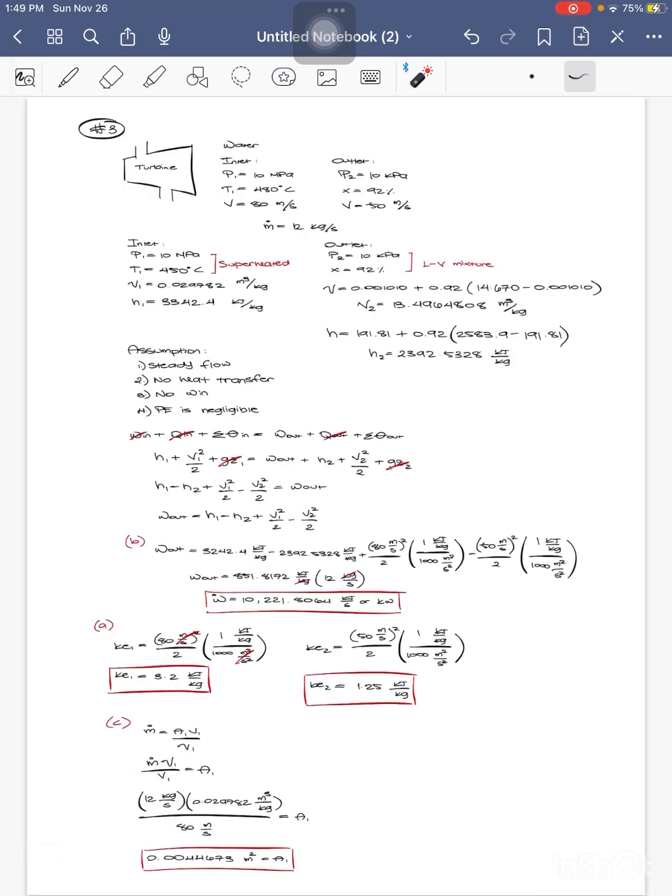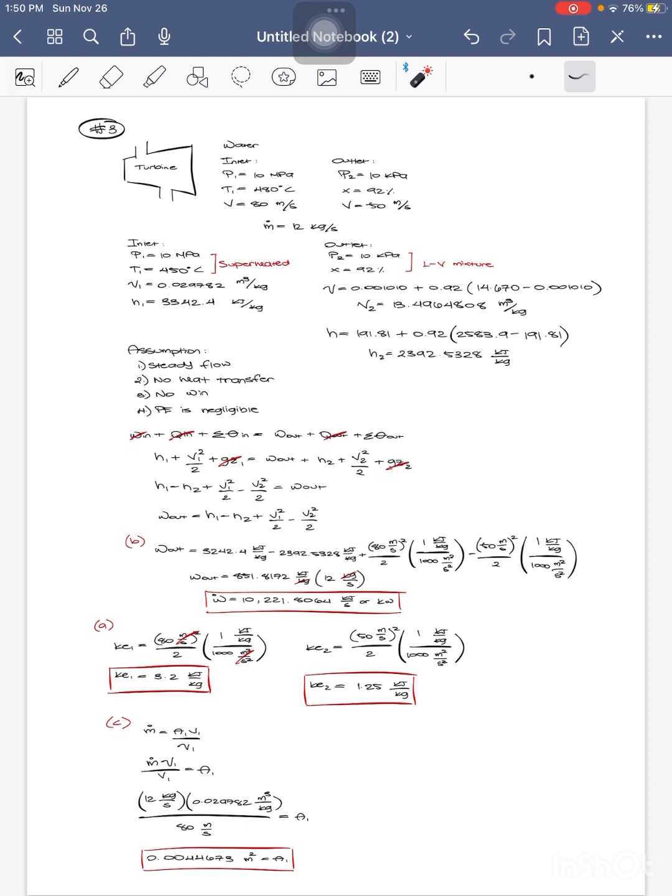Okay, next, for our last question, number 3, we have a turbine and steam or saturated water again, and these are the givens for inlet and outlet, and mass flow rate. We have a mass flow rate of 12 kilograms per second. I first determined whether the pressure and temperature are superheated, compressed, or LV mixture. For our inlet, it is superheated, and for our outlet, it is LV mixture, since we already have a quality.